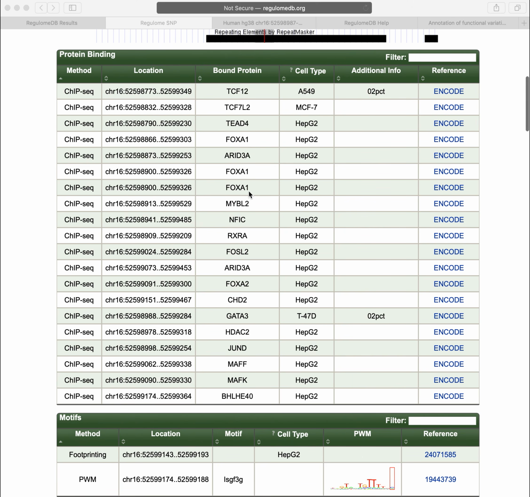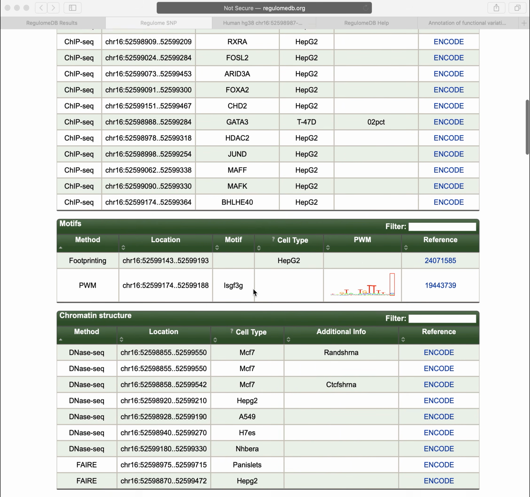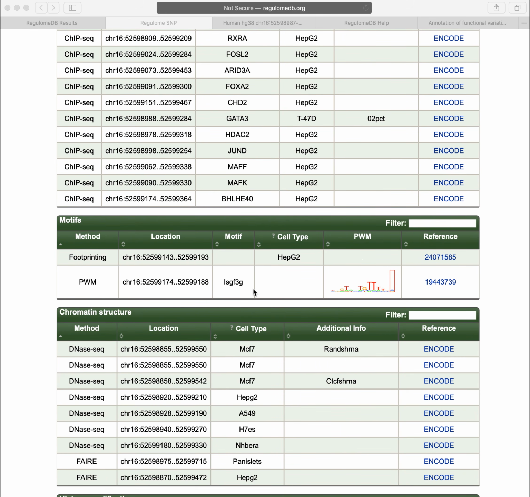The next table shows potential binding motif alterations of nucleotide variants pre-computed by RegulomeDB. Different from the FOXC1 paper's claim, here the FOXC1 motif was not detected according to RegulomeDB, but let's still use the ISGF3G factor to understand the motif table.